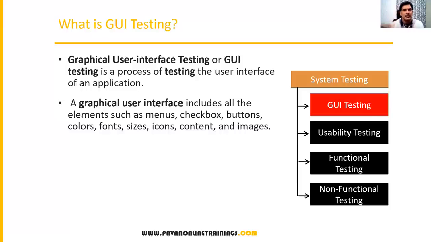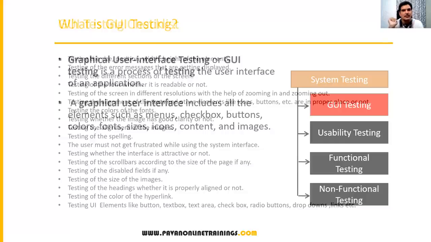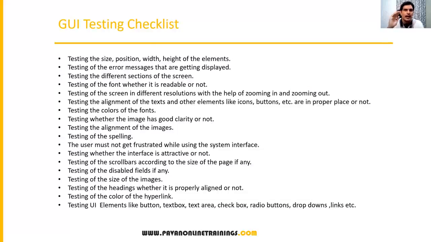Now what exactly do we test as part of UI testing? Here I have put some items that we have to test as part of the UI. This is basically called a GUI testing checklist. Before testing the application, after understanding the requirement, you prepare some kind of checklist.